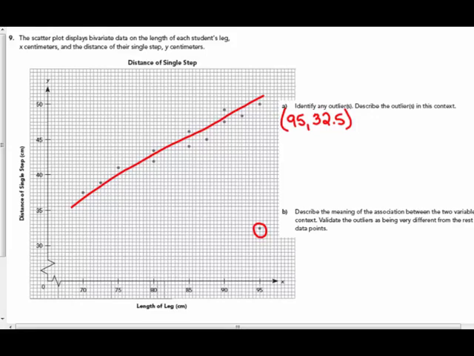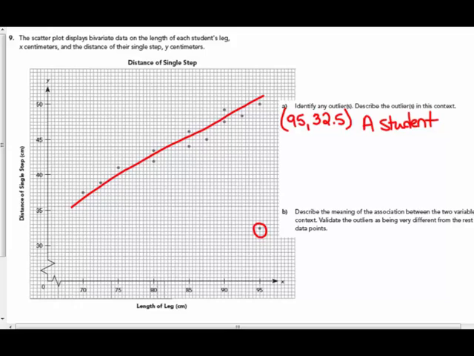Well, that means that a student, this is the context, I'm putting the labels of the axes onto this point (95, 32.5).